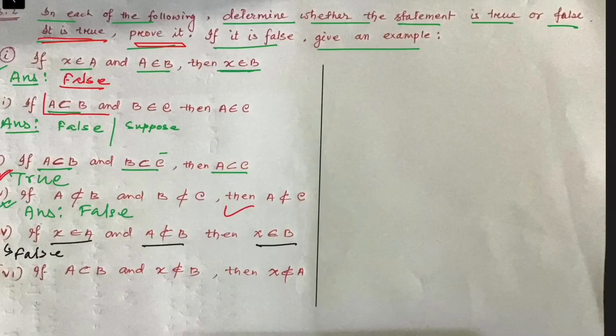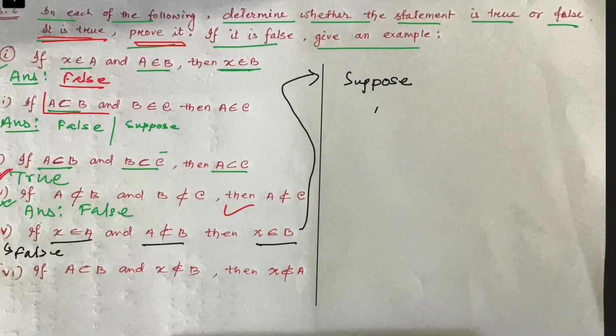So number 5 is false. Let me give you an example here. Suppose set A consists of 1, 2, 3 and set B consists of 2, 3, 4.